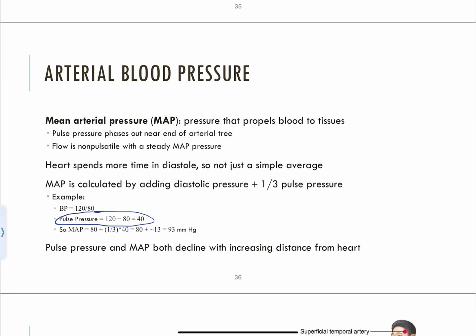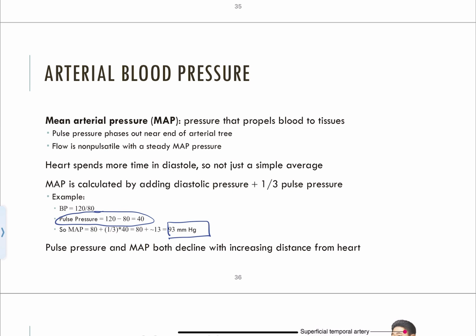Pulse pressure is equal to the systolic minus the diastolic, so that would give us a pulse pressure of 40. So we take our 80, which is our diastolic pressure, and then we take 1/3 of our pulse pressure. So we just take 1/3 times the 40, and that would give us around 93 millimeters of mercury.